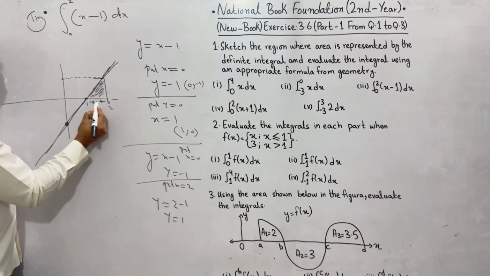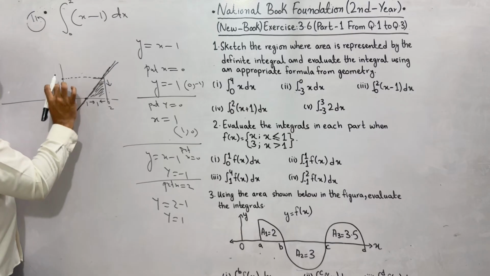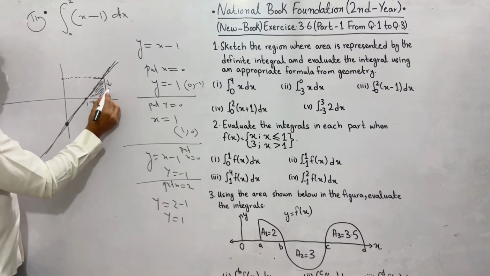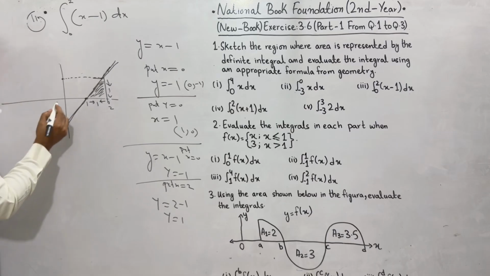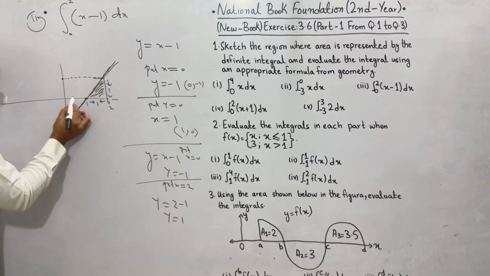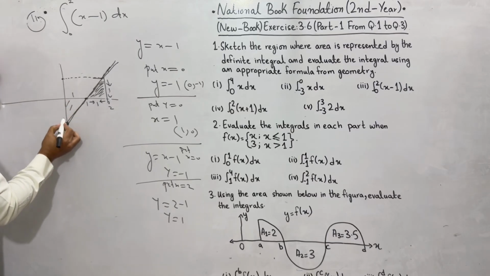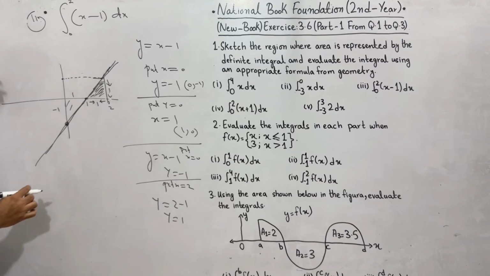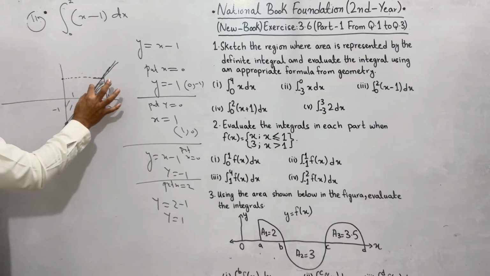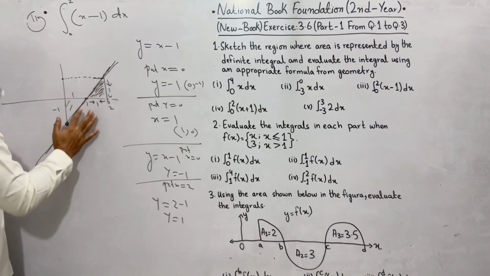Its length is 1 as well as height is 1. In the same token, what about this? This is also 1. Base of this right triangle is 1. This is also minus 1, which means we have to take its length. Look, we are interested in the area of this one.